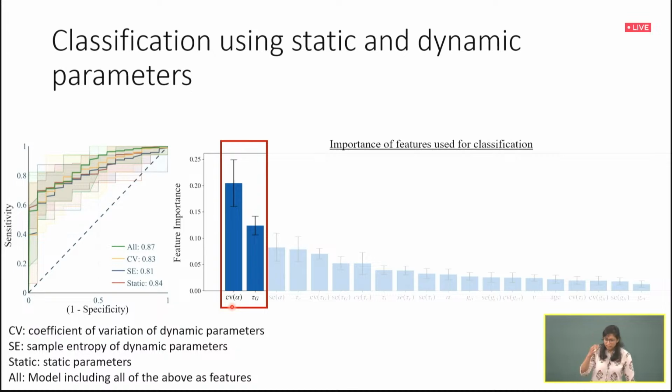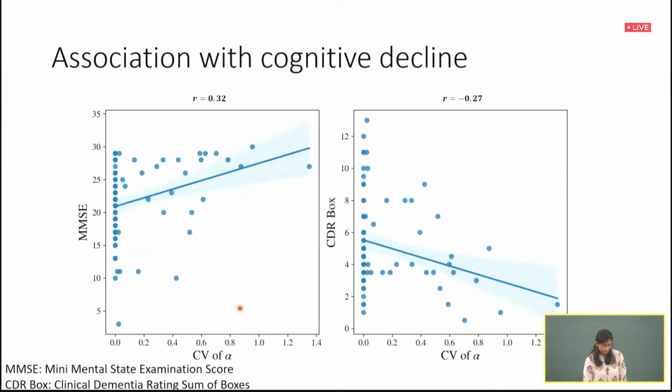So we ask the same question: do these also have any clinical significance, and can they predict global cognitive decline in patients with Alzheimer's disease? Again, with the same caveat that these points are scattered, the coefficient of variation of this alpha parameter is correlated with MMSE.